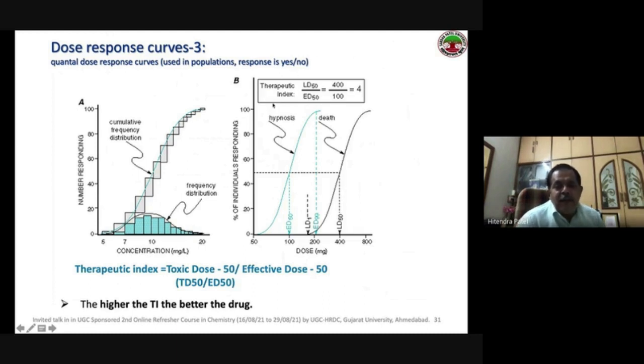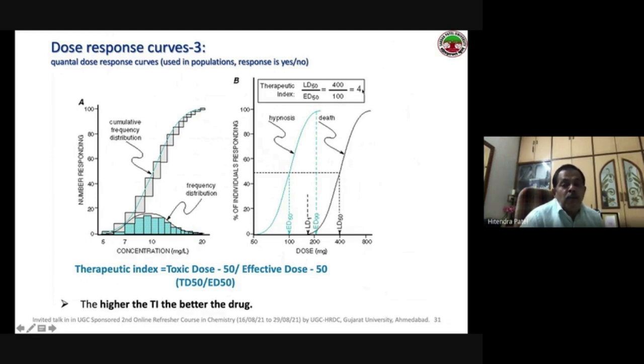So friends, therapeutic index is nothing but the lethal dose of drug concentration, that is LD50, and the effective concentration of drug dose, that is ED50, LD50 upon ED50. Suppose we have this lethal dose, right? So that is 400, and here the effective dose concentration ED50 value is 100.